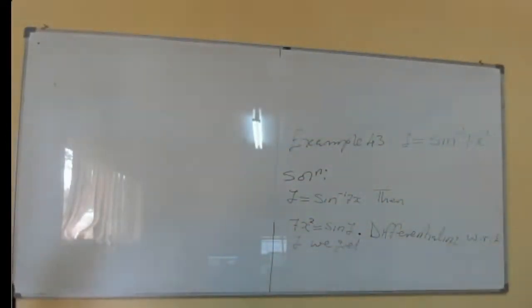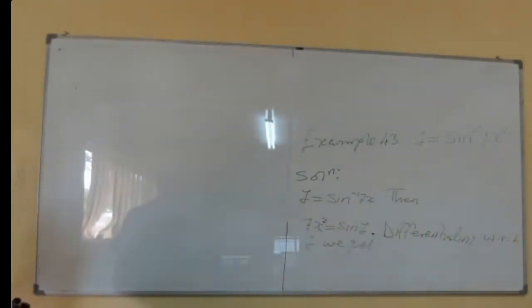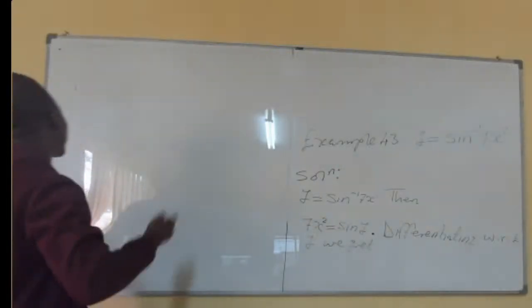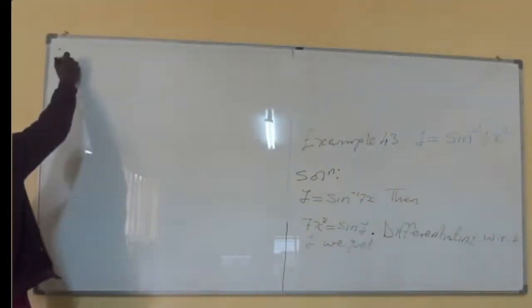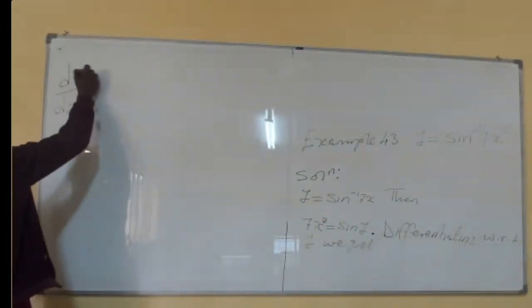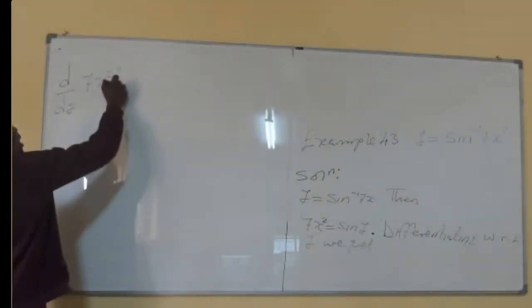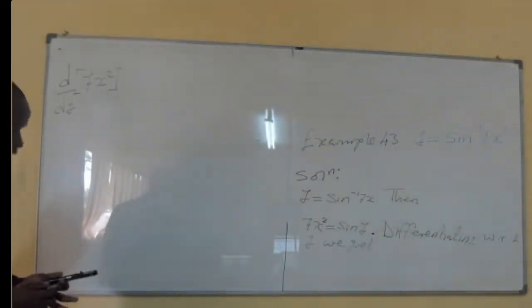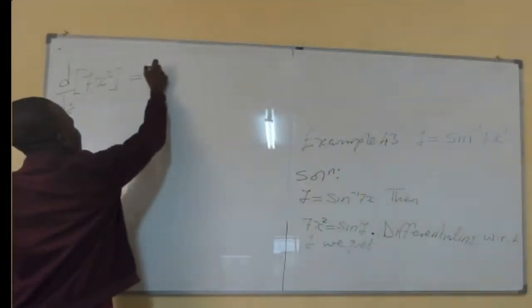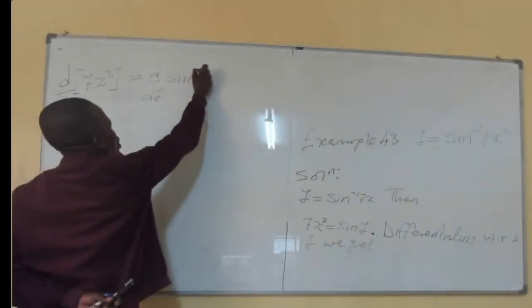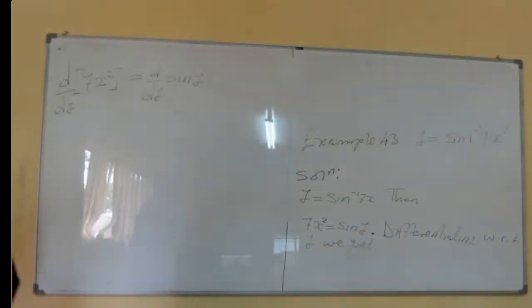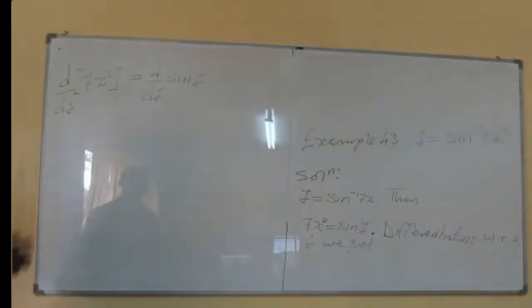If we differentiate both sides of this equation with respect to y, what we are going to have is the derivative with respect to y of 7x² is equal to the derivative with respect to y of sine of y.